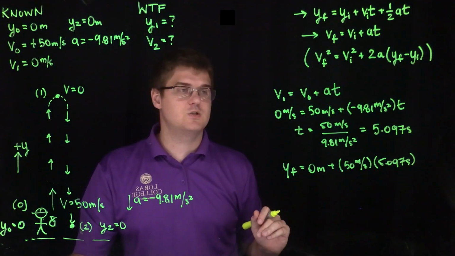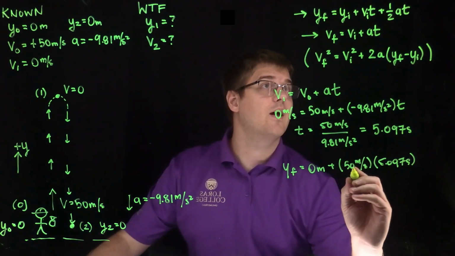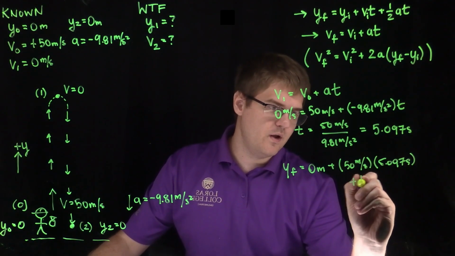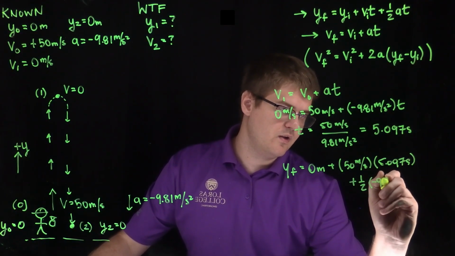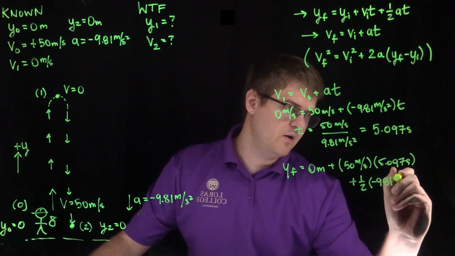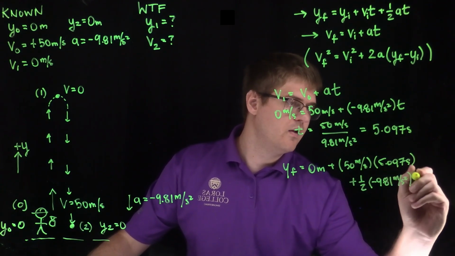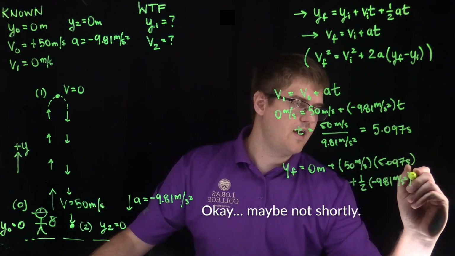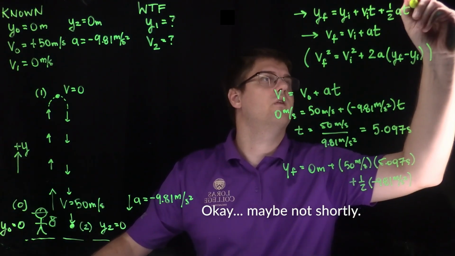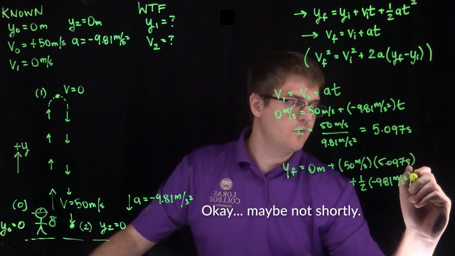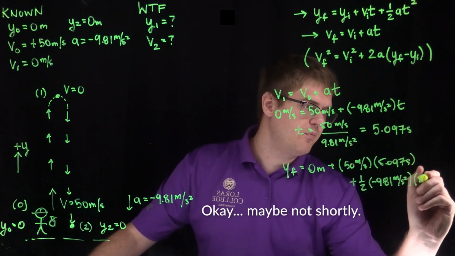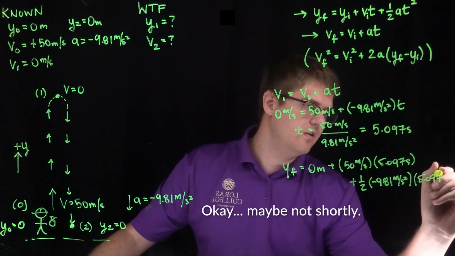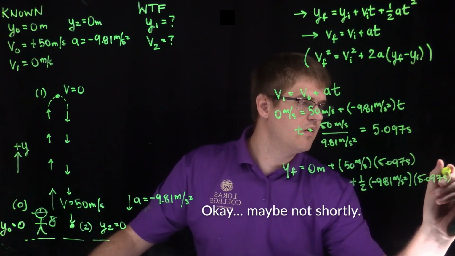I don't have as much space as I do in class to write things out. I apologize. Plus 1/2 my acceleration, which is negative 9.81 meters per second squared, times my time squared. Oh, I don't have it squared up there. Times my time squared, which is going to be 5.097 seconds squared.